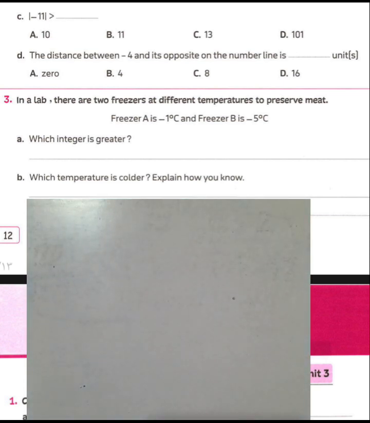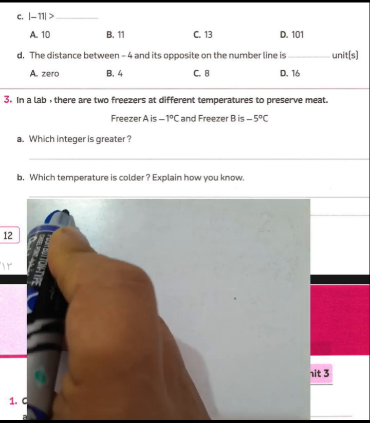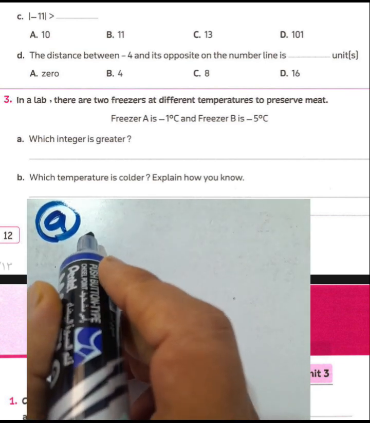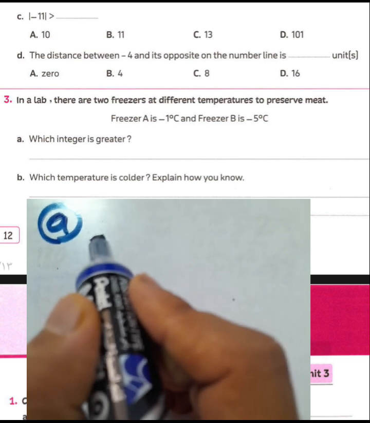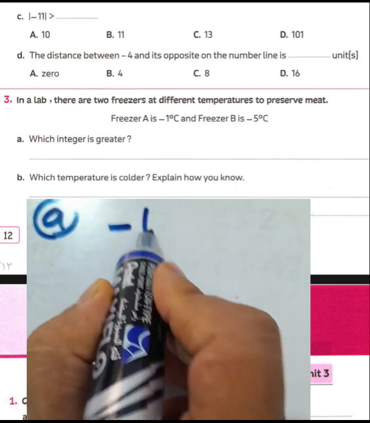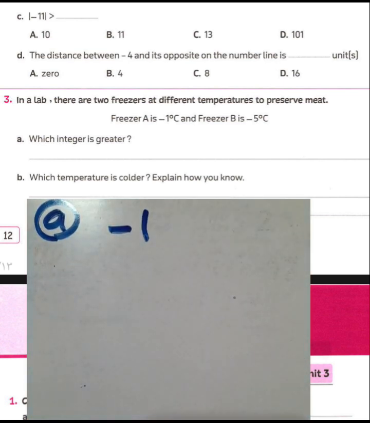It asks which integer is greater. We know -1 is greater than -5. Then the result for letter A of question 3 we can write as -1, because -1 is greater than -5.